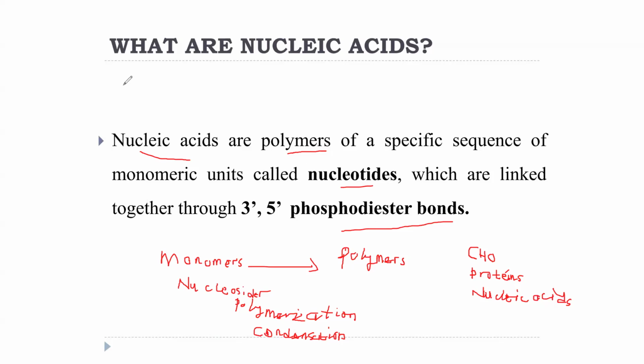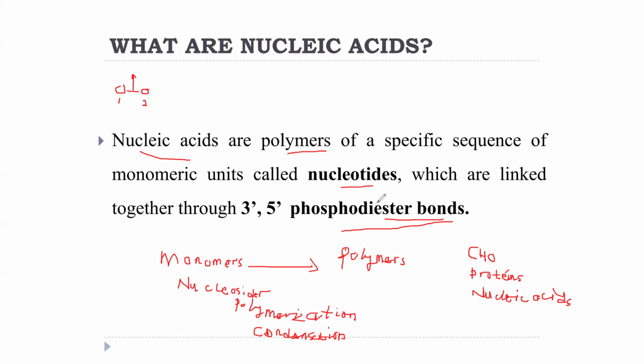So let's say this one is monomer 1 and this one is monomer 2, and they are joined through the phosphodiester bond.